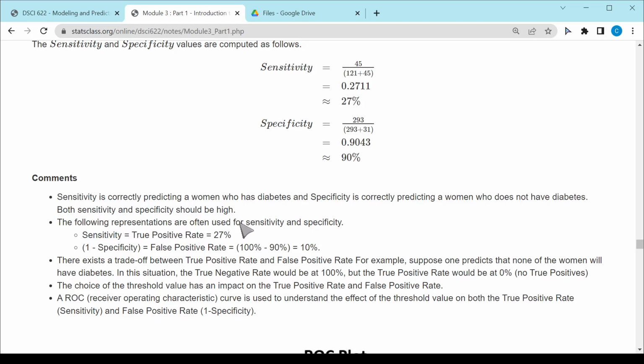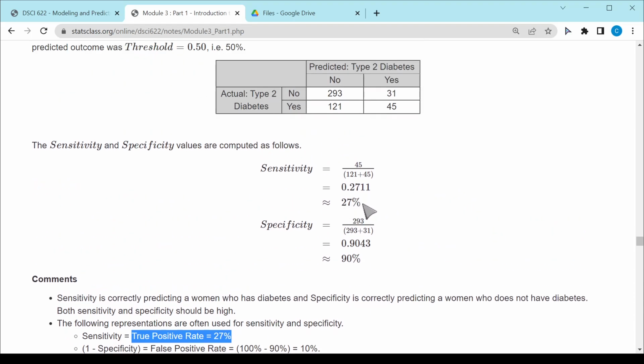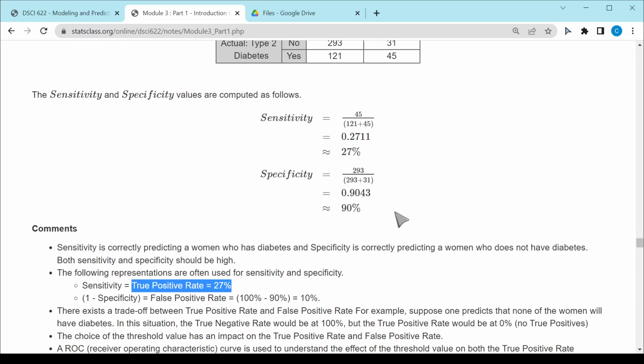The following representation is often used here for sensitivity and specificity. So I already mentioned the true positive rate. That's that 27%. So sensitivity is just referred to as the true positive rate. Again, what proportion of the people that actually have diabetes did I predict them to have diabetes? And then we also have 1 minus the specificity. And what that represents is the false positive rate.